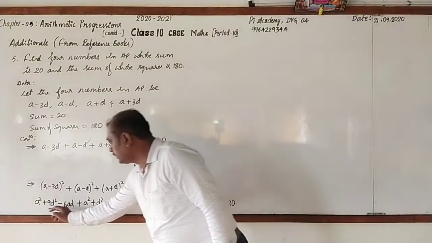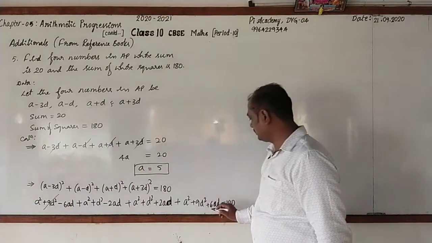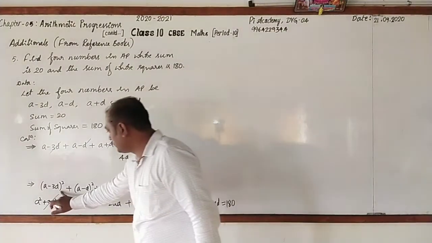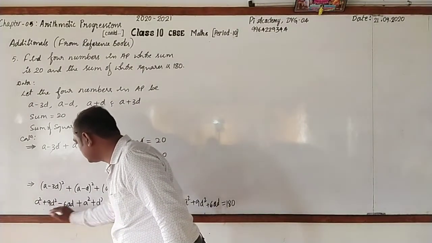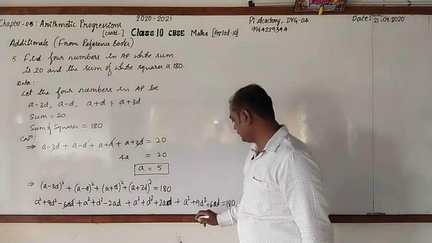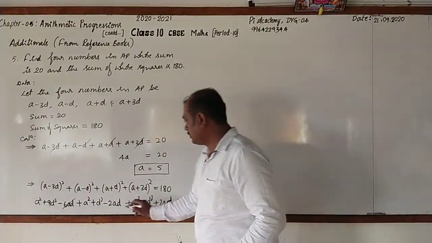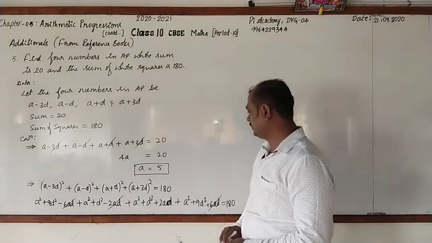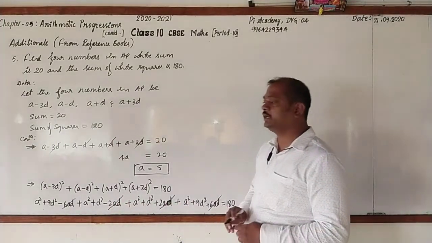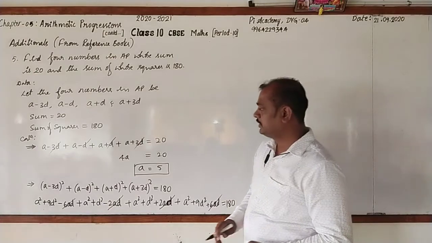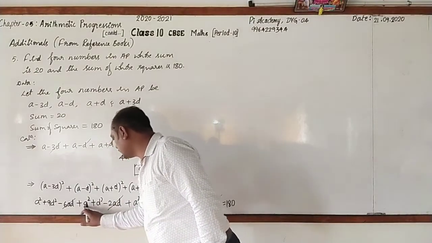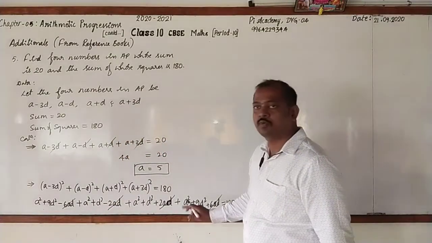Observe it: minus 6AD plus 6AD get cancelled. Minus 2AD plus 2AD get cancelled. Next, how many times is the A square term there? 1, 2, 3, 4 terms.